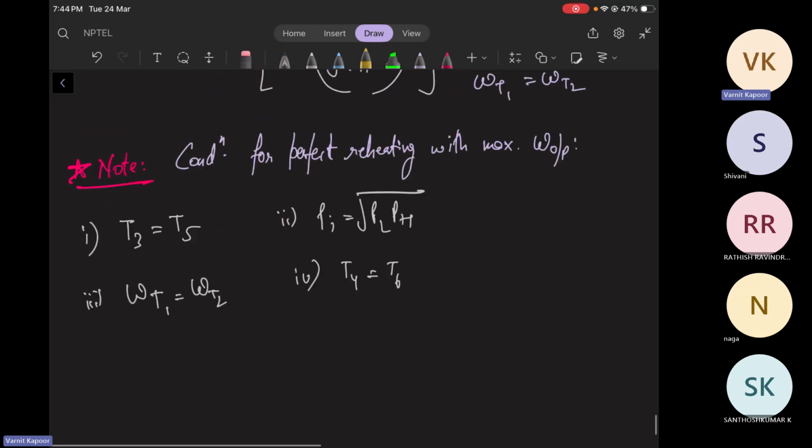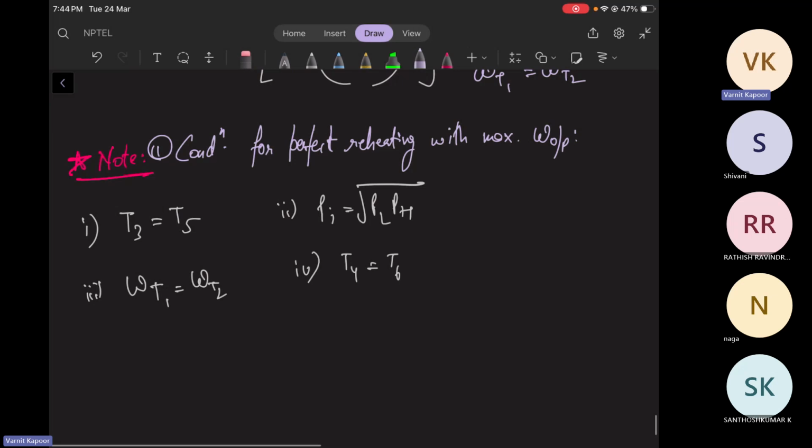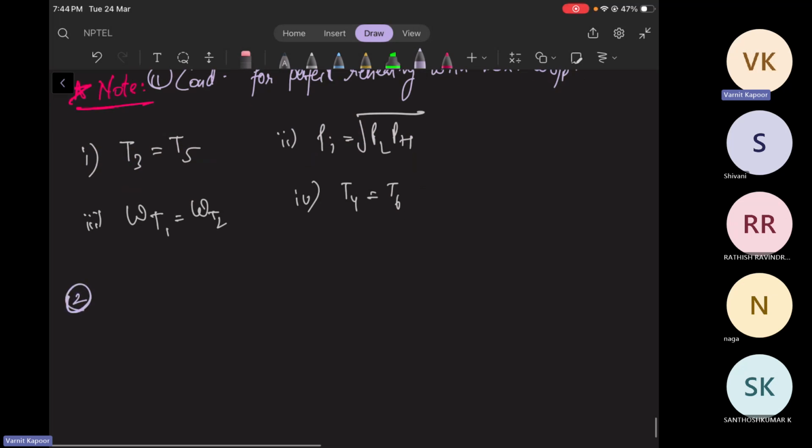Another point I want to write here is that in the note, we can provide the regeneration also. The scope of regeneration increases with the use of reheating, because the turbine exhaust from both the turbines can be used again.